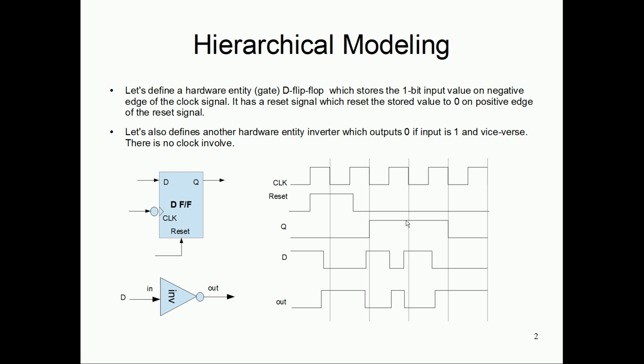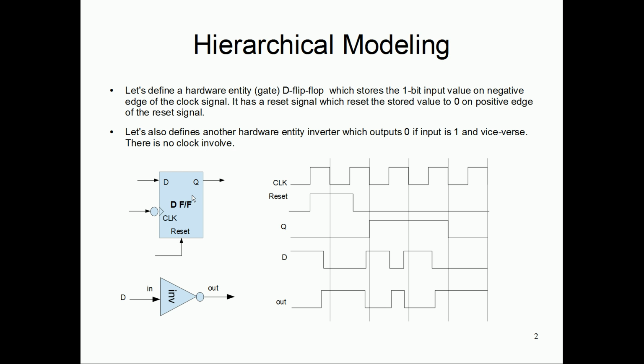Next, at the next falling clock edge, D is low, so Q reflected that and became low. So the output changes only at a certain clock edge. In this case, it is a falling clock edge. We know that from this schematic symbol with a bubble at the clock port.